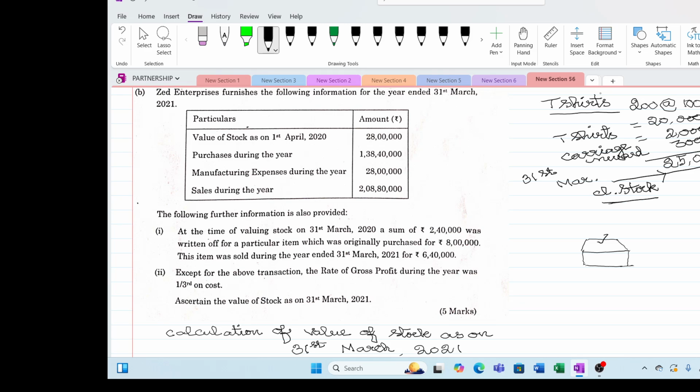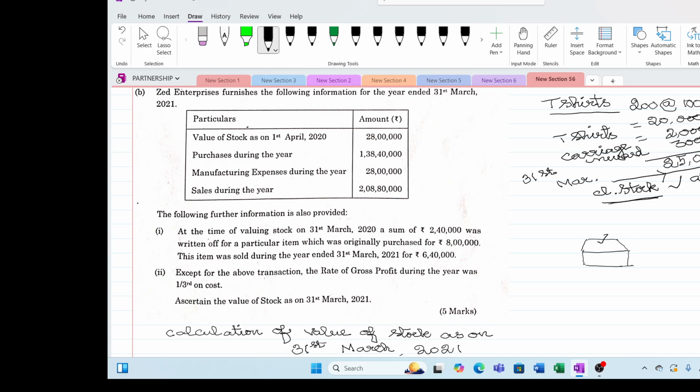Now there is an accounting standard that says that the closing stock should be valued at cost or NRV, net realizable value, or the current market value, whichever is lower. Suppose I bought 200 t-shirts and already I was having some 10 t-shirts.